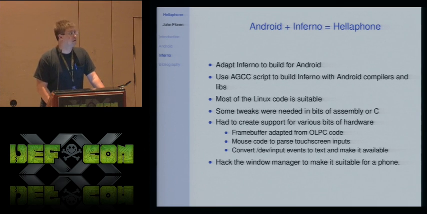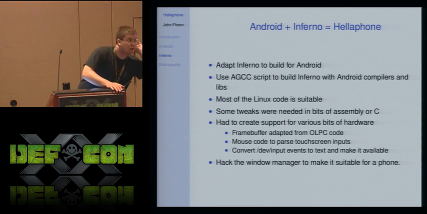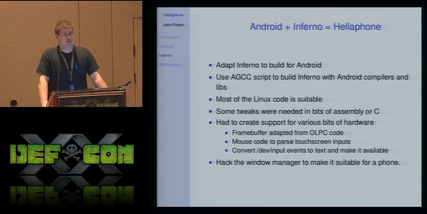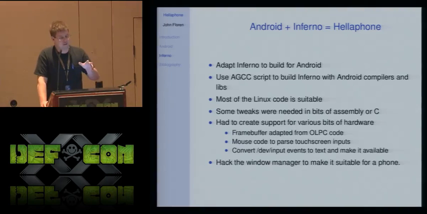Yes? I'm sorry, what? Yes. Okay, so he was pointing out that the screen is multi-touch. What we did here, we didn't want to go all the way in and convert it to a full-on multi-touch system. So basically, if I remember right, there's a way to differentiate between the first finger that comes down and the second finger that comes down.